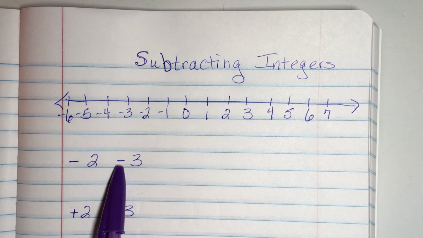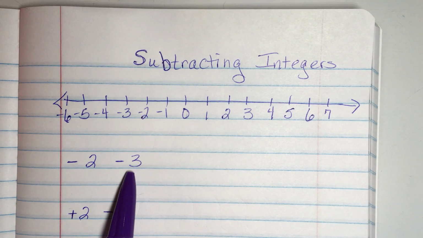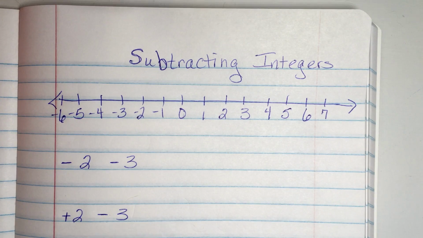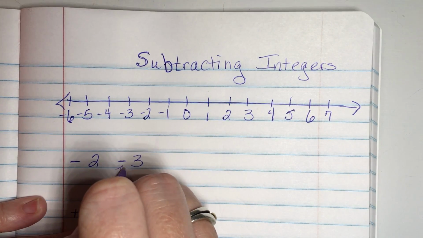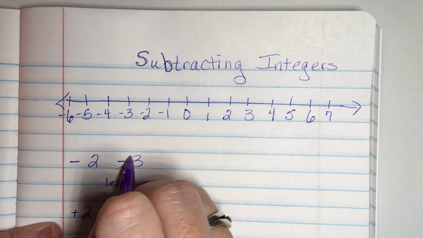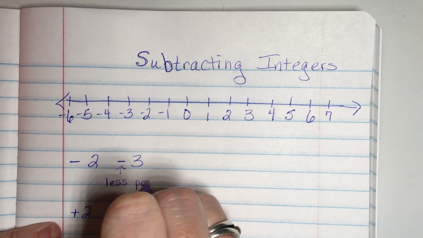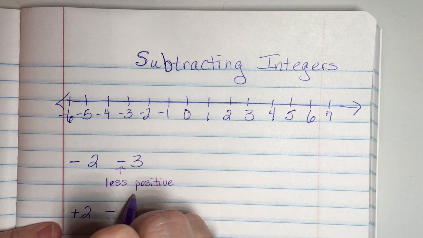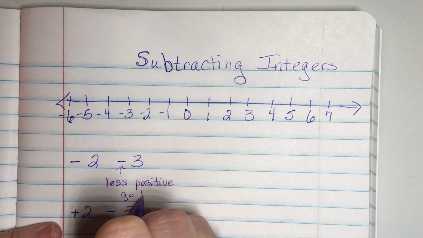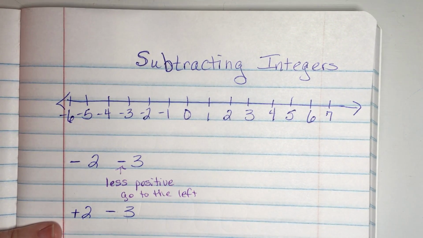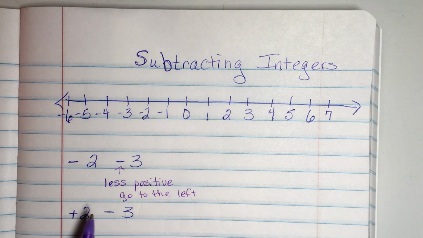So when you're subtracting, you're getting less positive, or less of whatever it is you're doing, right? You're getting less. So let's just draw a little thing here, and we're going to say less, and then this is positive, so we're getting less positive, so we're going to the left. It doesn't matter where you start on your number line, that will be the same, right?